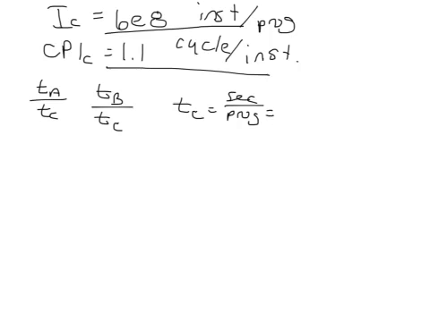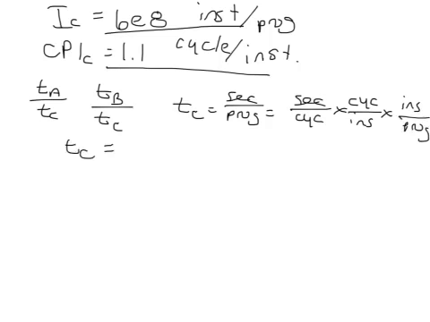That's going to be seconds per cycle times cycles per instruction times instructions per program. So TC is going to be 1 times 10 to the minus 9th.